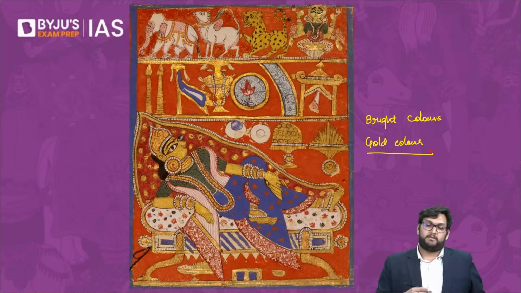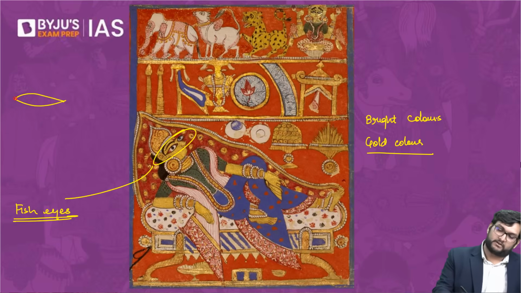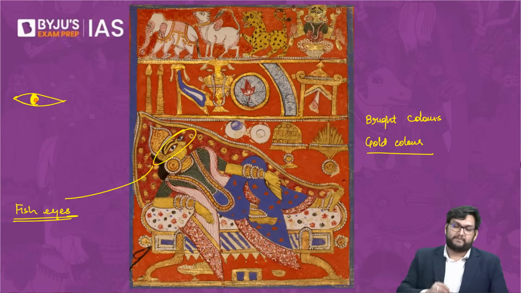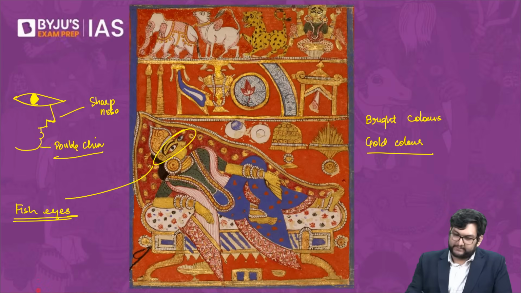Over and above that, now you will see the iconic fish eyes, which is a very, very sharp representation of eyes, and thereafter sharp nose and the iconic double chin, which you can see here of this school.